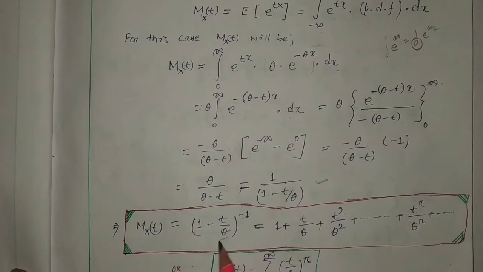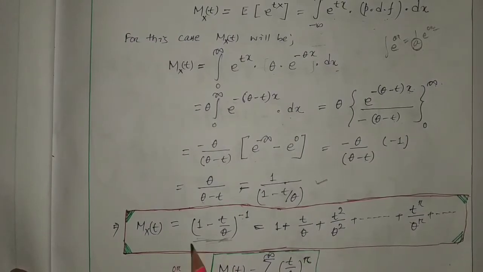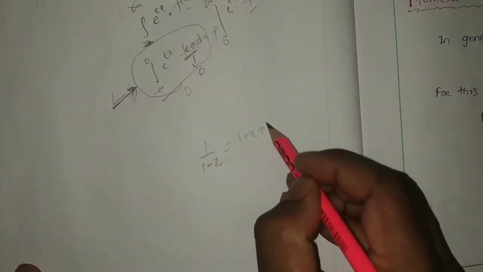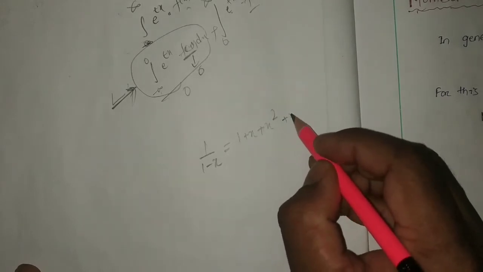If I expand this, this is the common expansion of 1 by 1 minus x, which is nothing but 1 plus x plus x square plus x cube, like this.